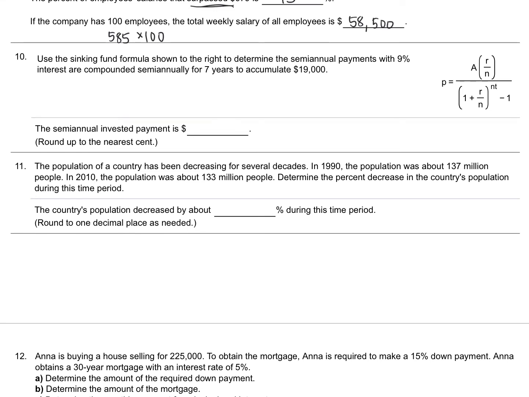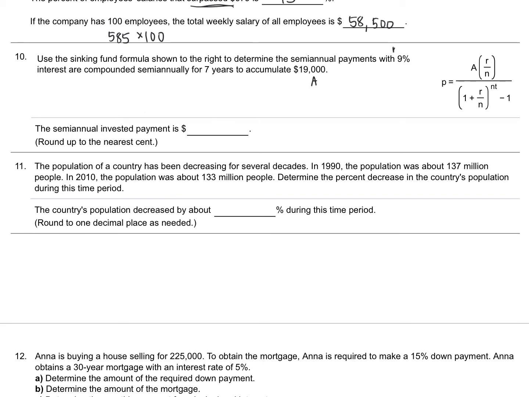Number 10. Use the sinking fund formula shown to the right to determine the semi-annual payments if 9% interest is compounded semi-annually for 7 years to accumulate $19,000. So for this one, you simply want to plug everything into the formula on the right. The A is 19,000.